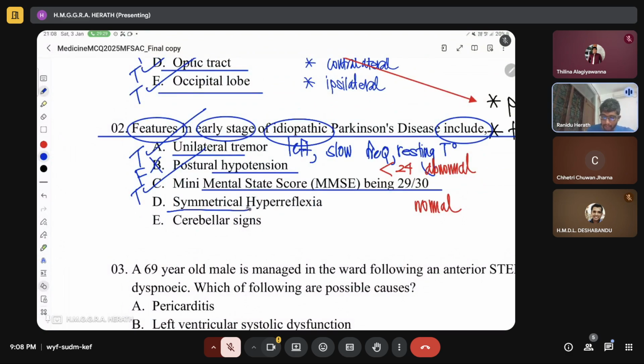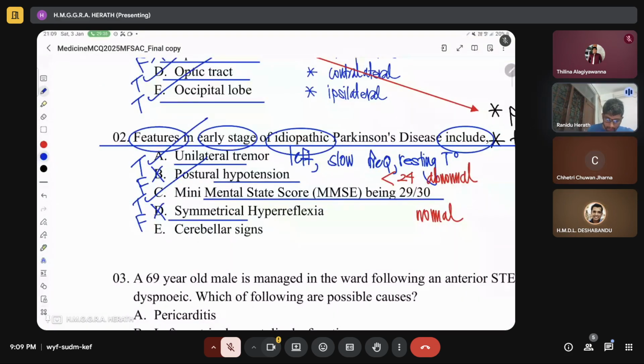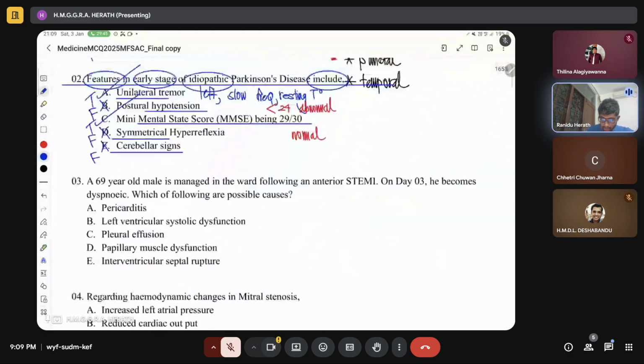Understood? Symmetrical hyperreflexia. False. Not a feature of early Parkinson's. Cerebellar signs. False. Not a feature of early idiopathic Parkinson's disease. Understood? Shall we go to the next one?